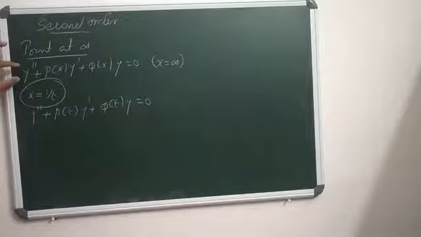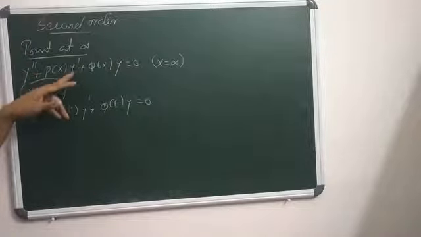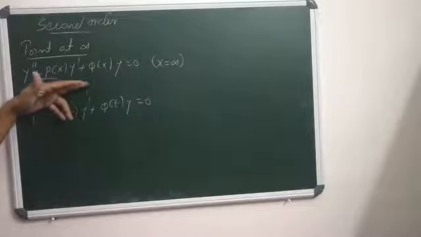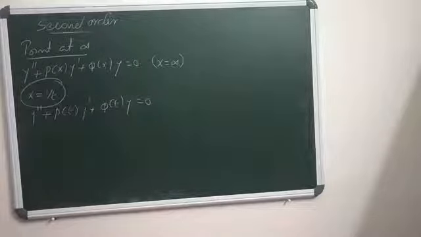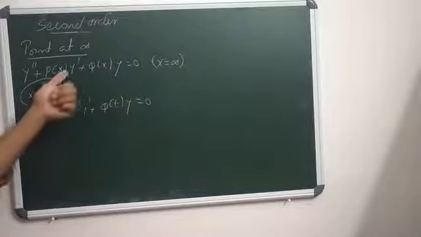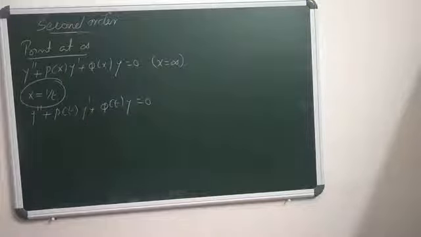So, if x takes a sufficiently large value, suppose x equals infinity, then we rewrite the given differential equation by using this transformation x equals 1 by t. The given differential equation is transformed into y double dash plus p of t y dash plus q of t y equals 0.